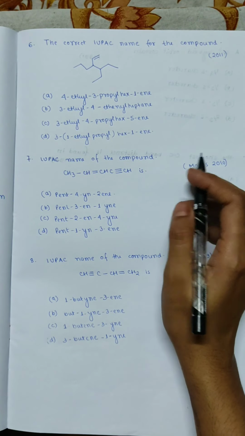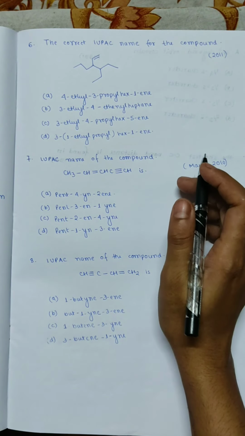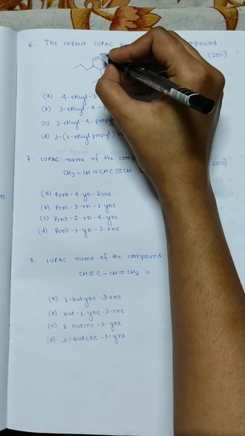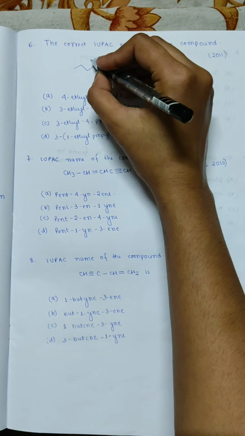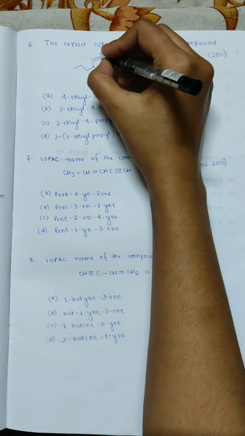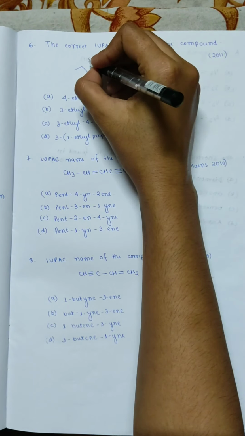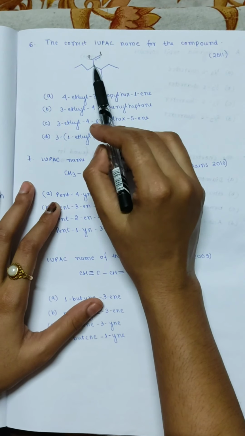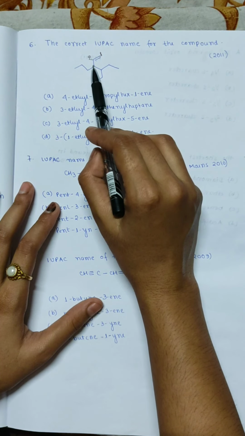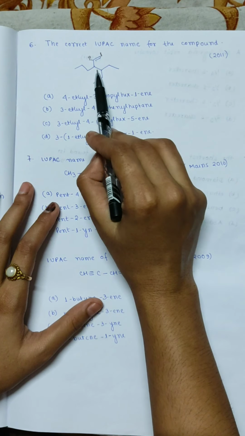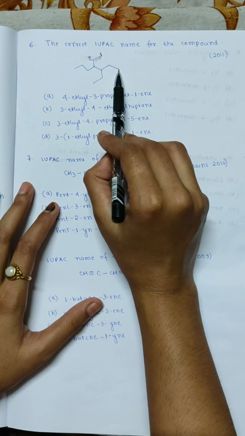That's why we have to start counting the parent chain from this carbon only, because we have to assign the least carbon count to this carbon and this carbon, since it has the double bond. So, I am assigning 1 to this and carbon number 2 to this. After that, if I consider this carbon 3, 4, 5, 6, this one as a parent chain will have 6 carbon.